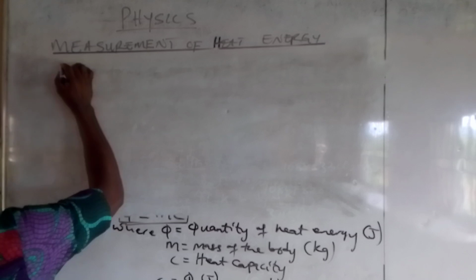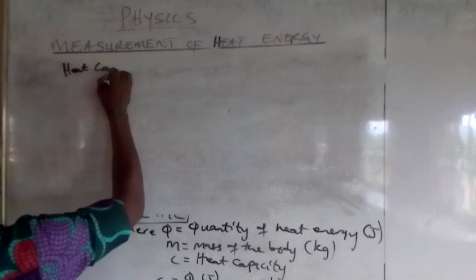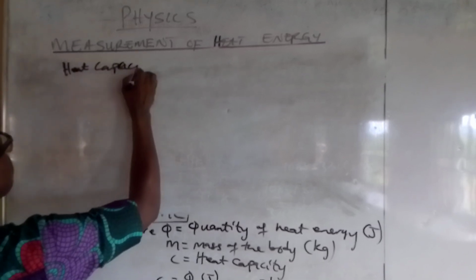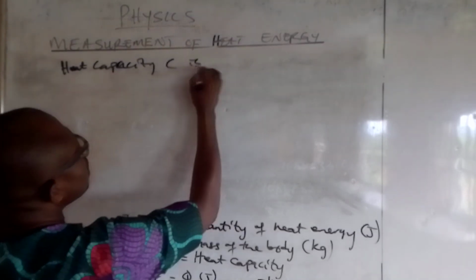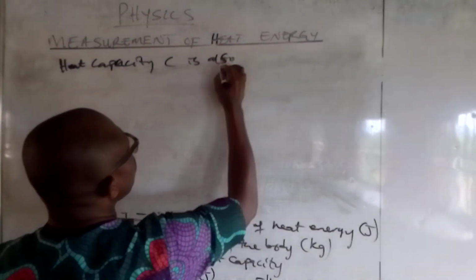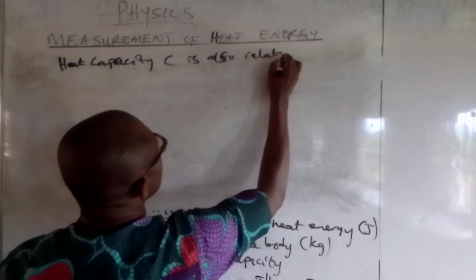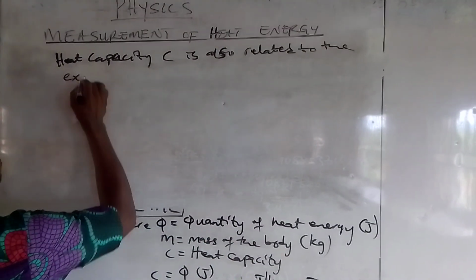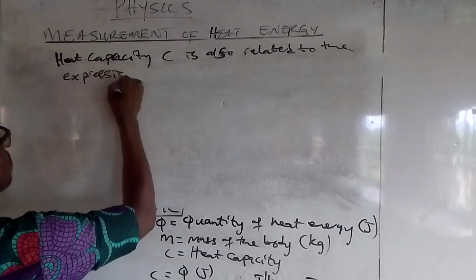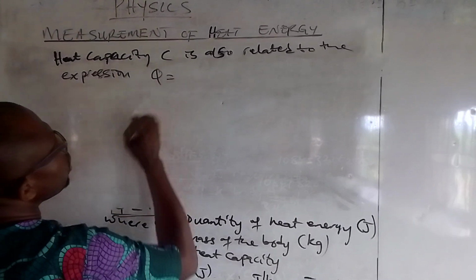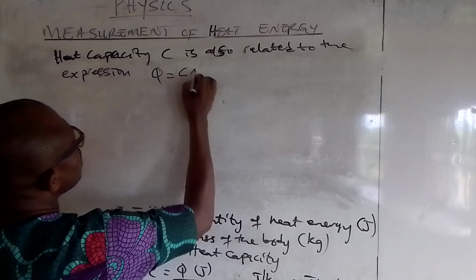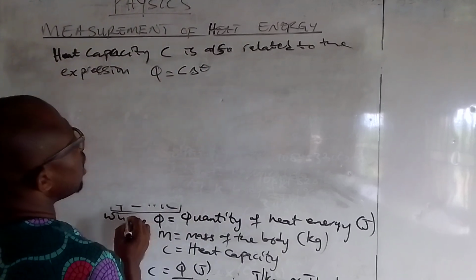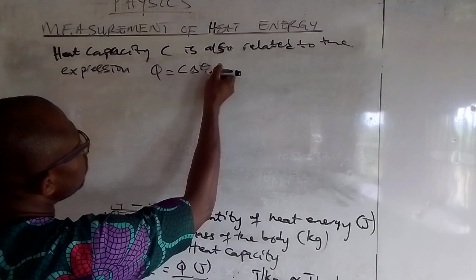Heat capacity C is also related to the expression Q is equal to C delta theta. Delta theta is the temperature difference.